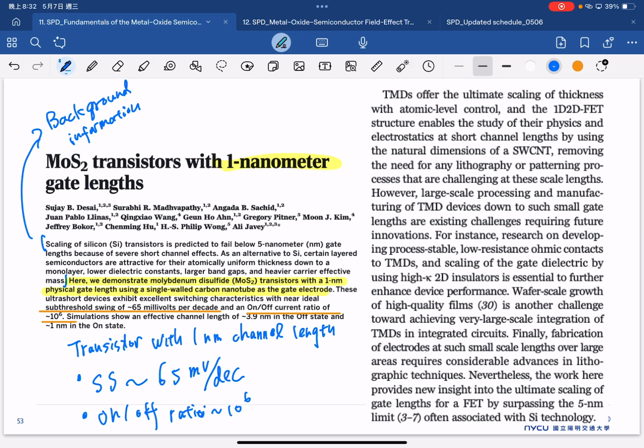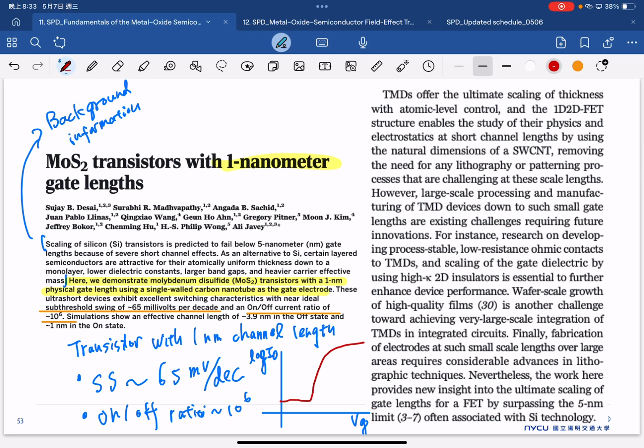So this is also some of the same concepts we already mentioned. If you still remember, in the beginning we mentioned that if you plot log ID versus VG, we will have a characteristic like this one.